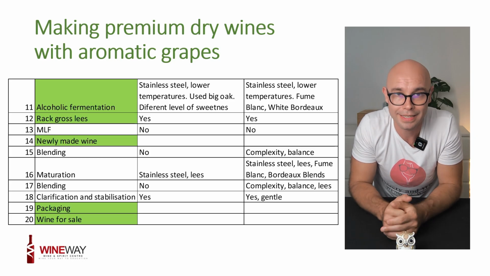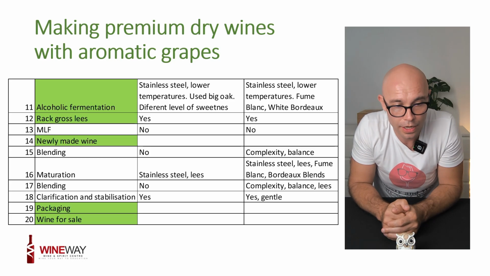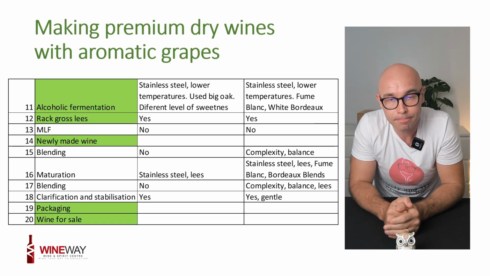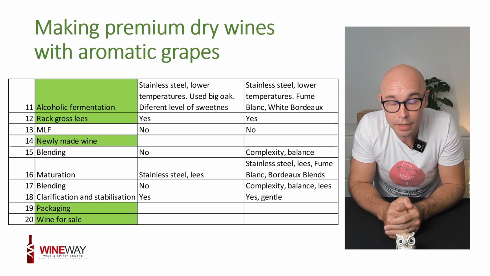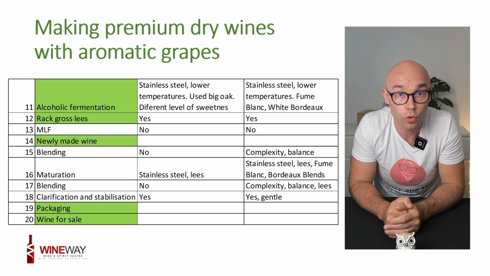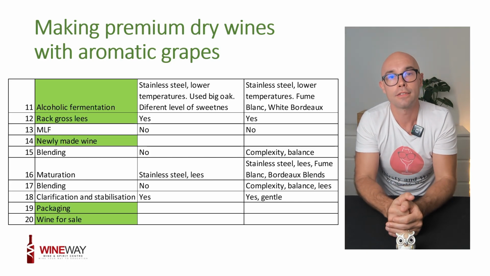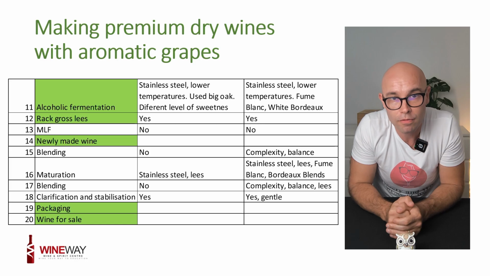But this is more of an exception for the United States style, which is called Fume Blanc. Also, Sauvignon Blanc is a grape variety that is used in Bordeaux white blends, where it's blended with Semillon to give it acidity, to give it that specific varietal character of green bell pepper.